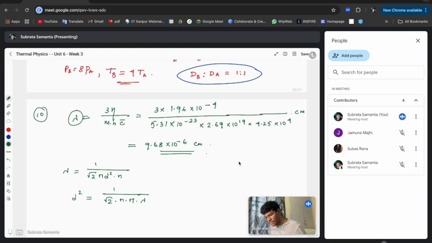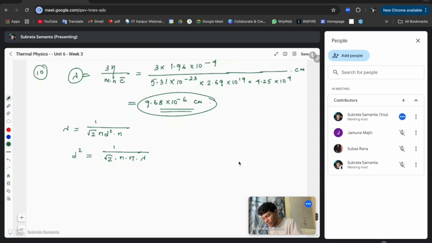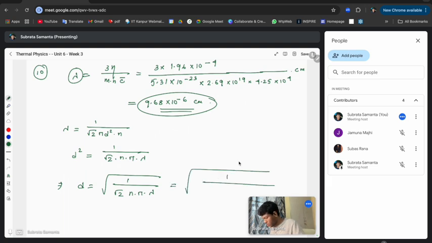So we just calculated lambda, and we know the value of n, so just plugging in. The value of d is the square root of 1 over root 2 times pi times n times lambda. That is the square root of 1 over 1.41 times 3.14 times 2.69 times 10 to the power 19, in CGS units, times the lambda we just calculated, 9.68 times 10 to the power minus 6.